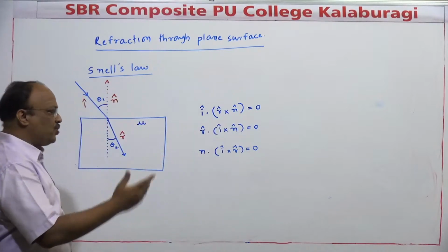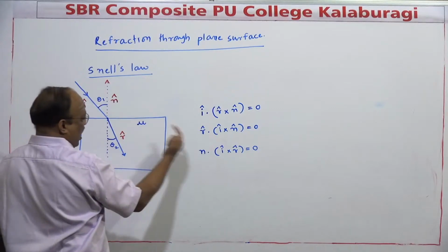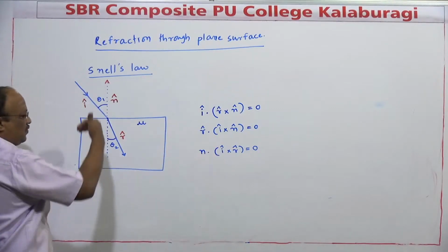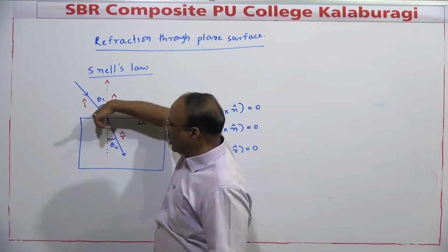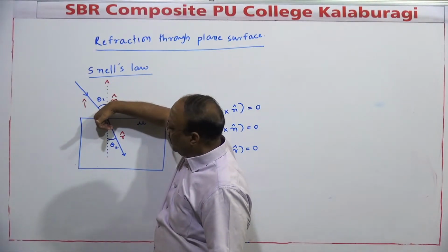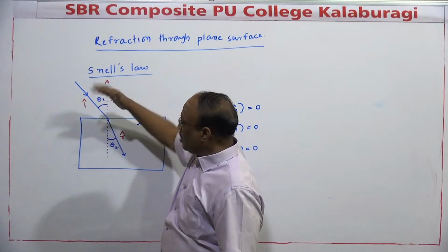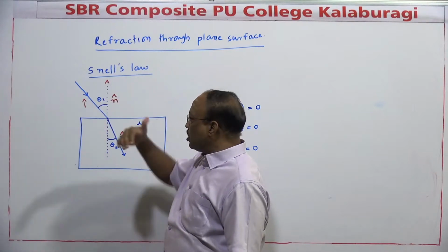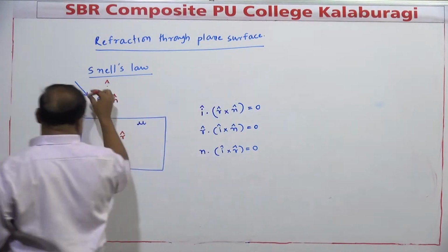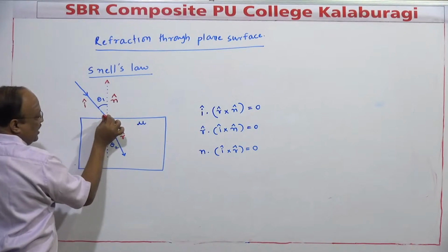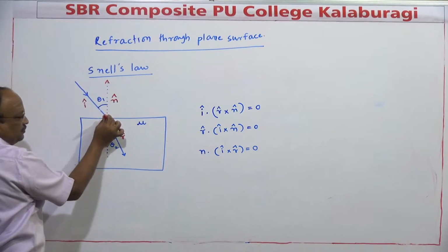Let it be I cross R. From I to R you are taking this angle, so it is coming out of the board. The direction of I cross R will be in this way.